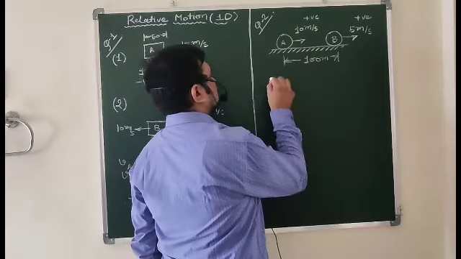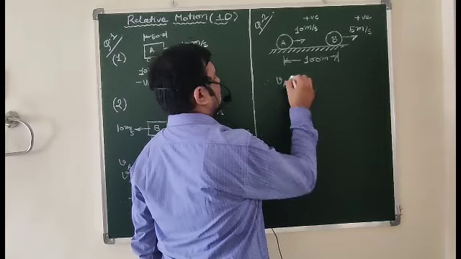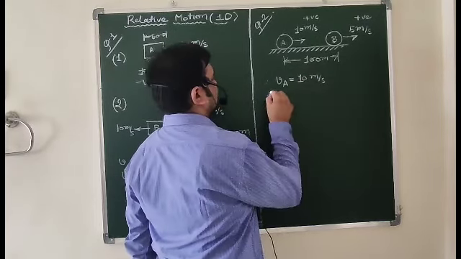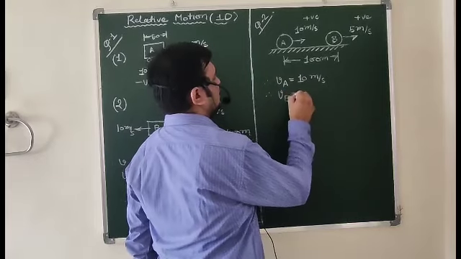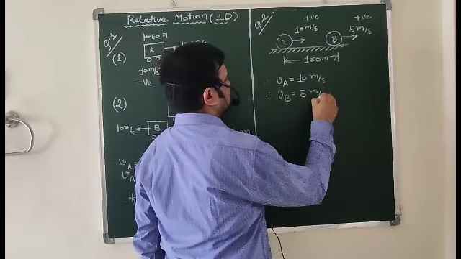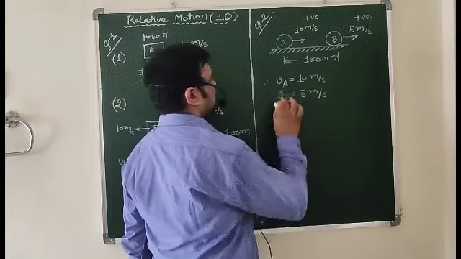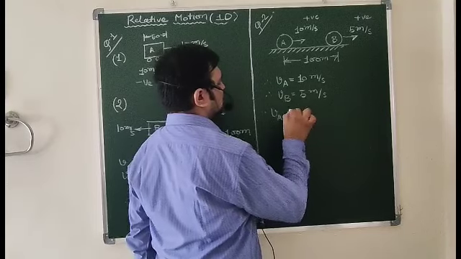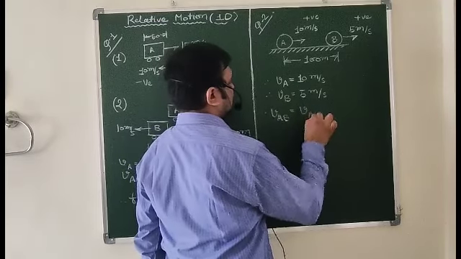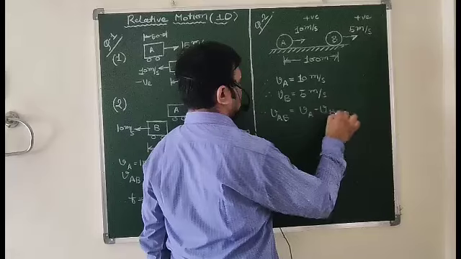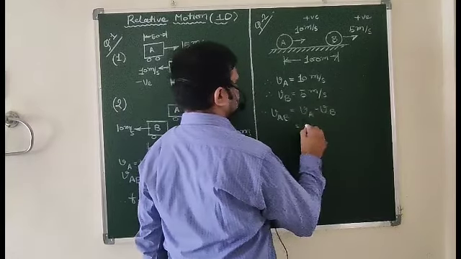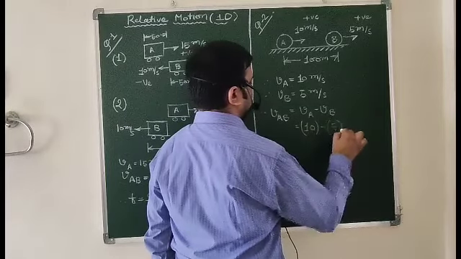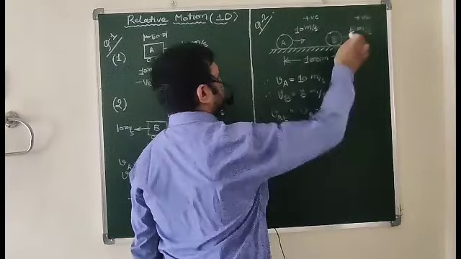Here the velocity of A is 10 meters per second and the velocity of B is 5 meters per second. Now the relative velocity of A with respect to B, that is VAB, is equal to VA minus VB. So here VA is 10 and VB is 5, as both are moving in the positive x direction.